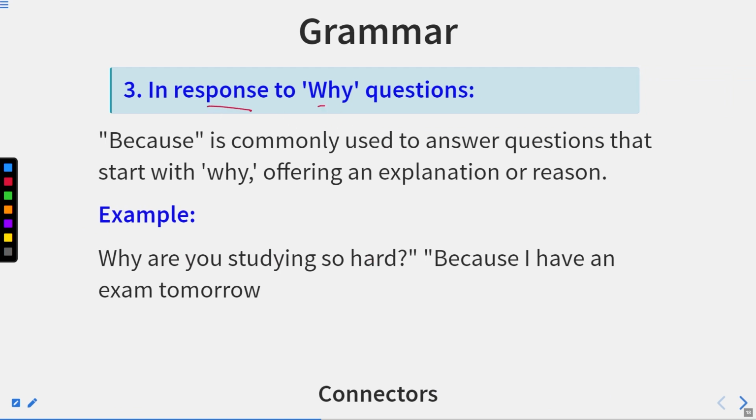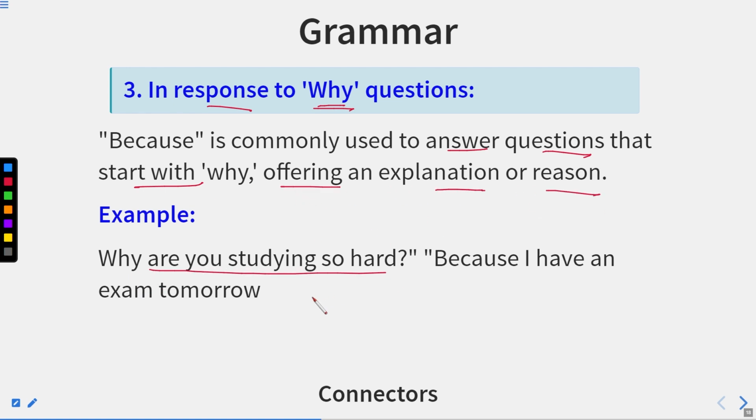In response to why questions. Now, whenever we have why questions, when someone asks us why did it happen, what is the reason, we use the word because to answer that question. Because is commonly used to answer questions that start with why, offering an explanation or reason.